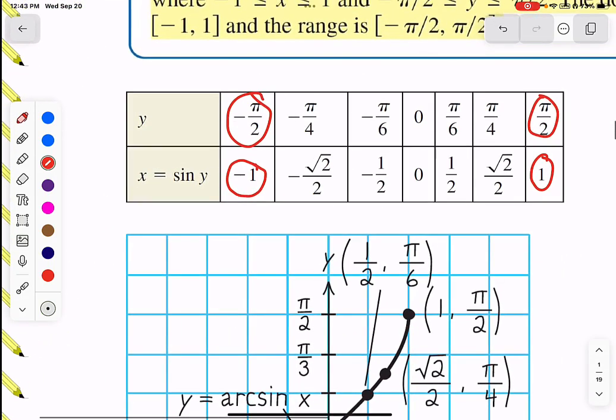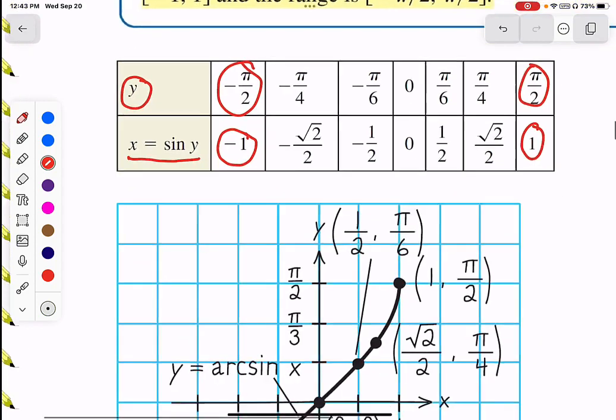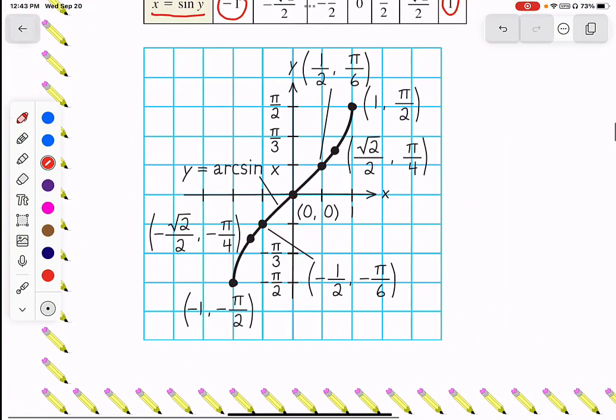So as you can see, our x value is simply the sine of y, which is our angle. And then here's a graphical representation of our key points on that right half of the unit circle. So again, notice y equals the arc sine of x, and when x is 1/2, for example, y is going to be pi over 6.